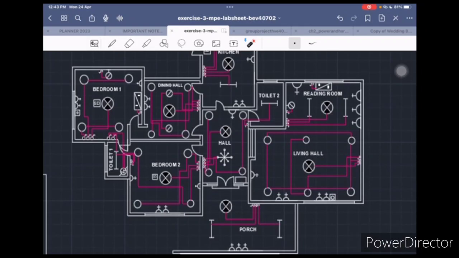And then at the reading room, we have aircon, lamp, 13 ampere socket outlet, wall globe lamp, ceiling fans, 2 fluorescent lamps, and then 6 filament lamps at the living room, ceiling fans, and also 13 ampere socket outlet, and lastly telephone socket.